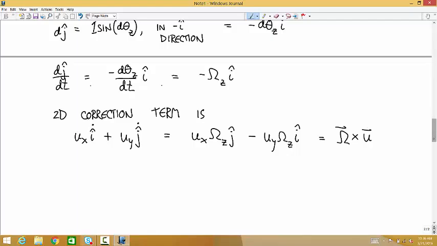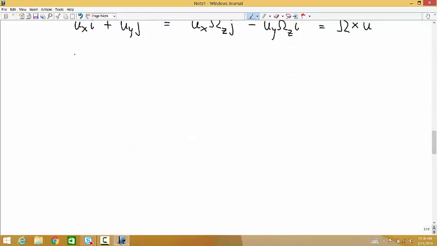Okay, so this is the major result for rotating coordinate systems.